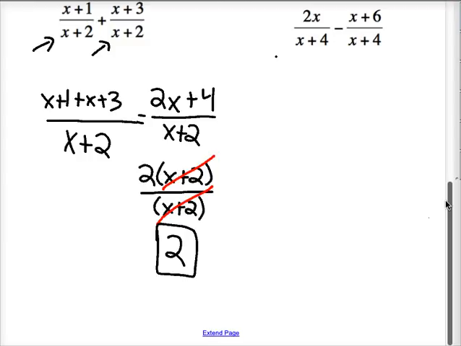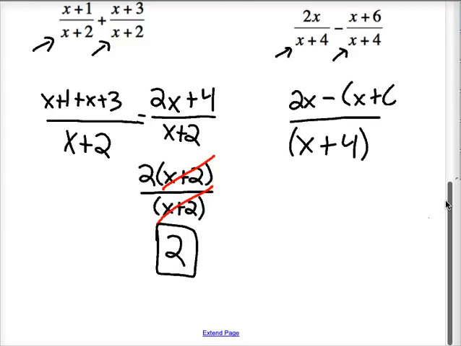All right, this one, again, notice common denominators. So we have that x plus 4 on the bottom. Now here, I do want you to be very, very careful. All right, so here we have 2x. Now when we're subtracting that x plus 6, when you're subtracting, I need you to remember that subtraction sign applies to both things.